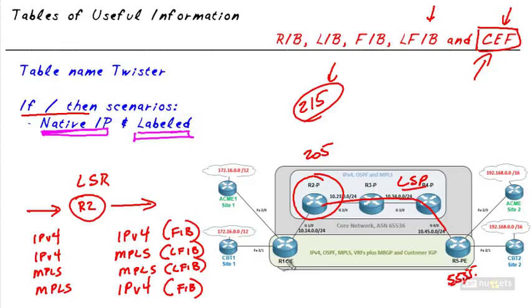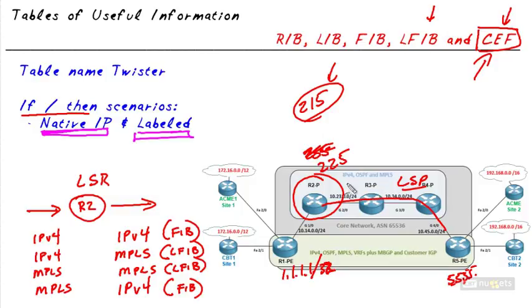For example, let's say R1 has the 1.1.1.1/32, and he's advertising implicit null to R2. And let's say that the local label that R2 has for 1.1.1.1 is, let's say it's label 225.